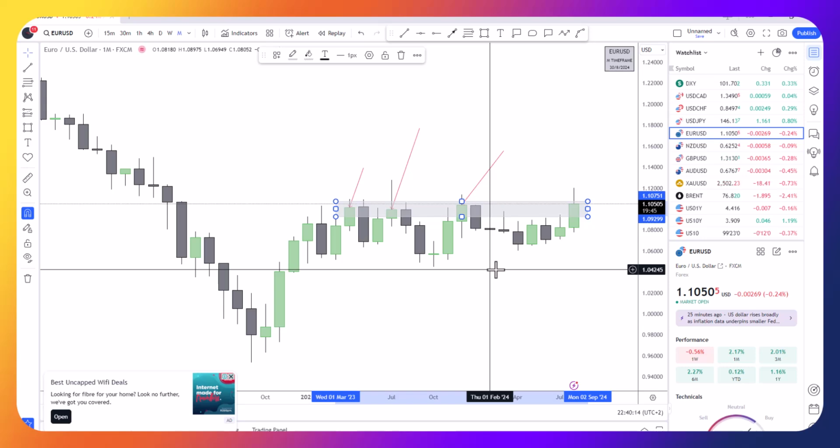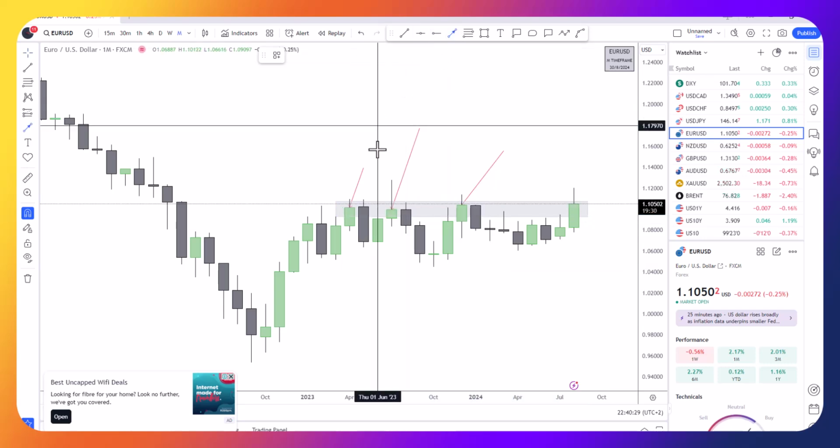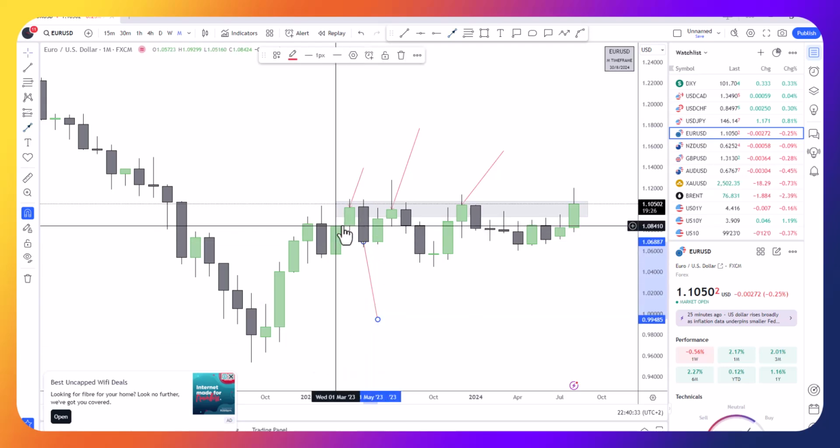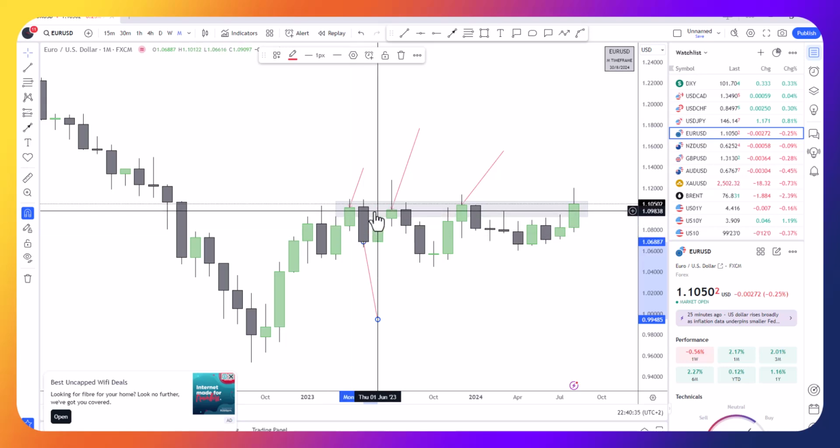So the validation of a bearish order block is that when the low of the highest up close candle is traded through by a later formed candle, this later formed candle has to be bearish. If you look at this candle here, it traded through the last up close candle, price came back.